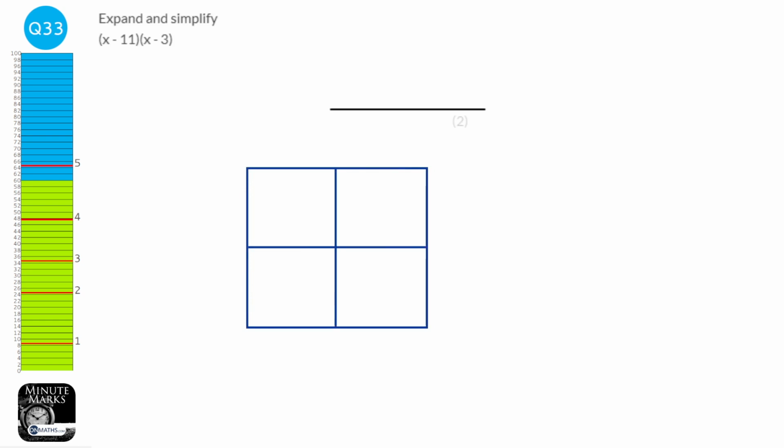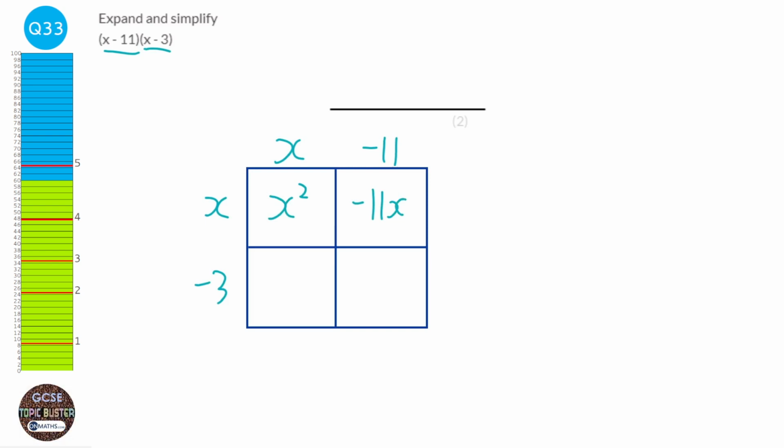So we're going to start by doing a multiplication grid, and we're multiplying x minus 11 by x minus 3. So x times x is x squared, x times minus 11 is minus 11x, x times minus 3 is minus 3x, and minus 3 times minus 11 is positive 33 because 2 minuses make a plus.